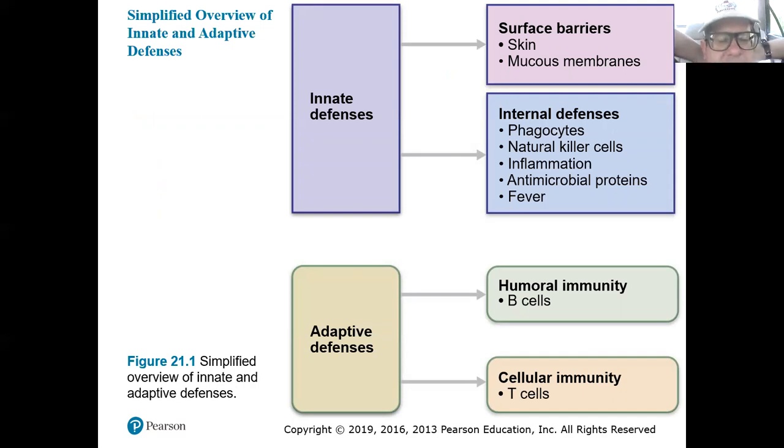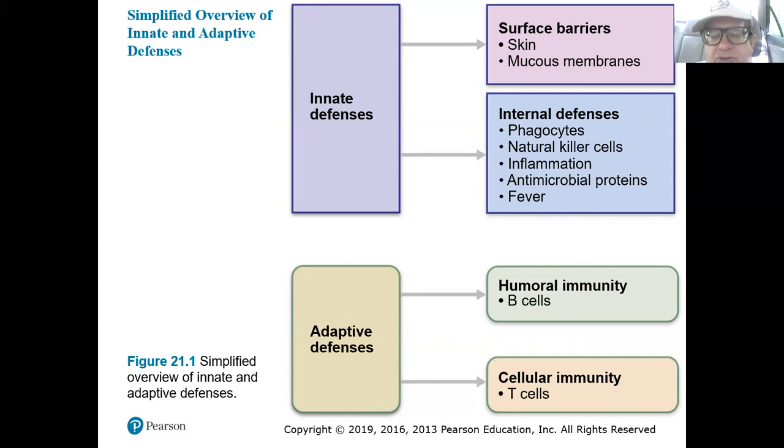All right, here is a quick little overview. Figure 21.1, definitely know it. How do you know you need to know it? How about I uploaded a screenshot of this directly into your Moodle class shell from the last time we did this class. So it's important.